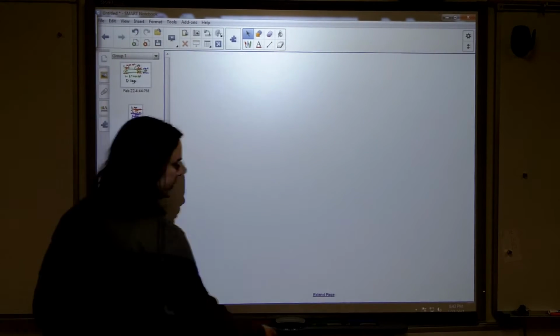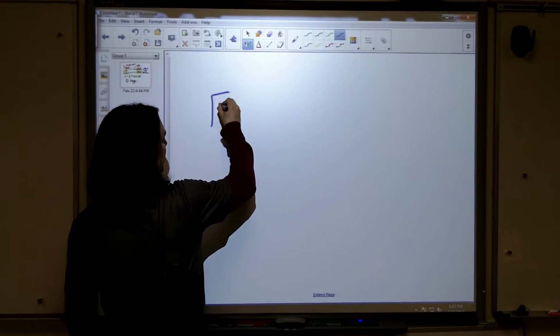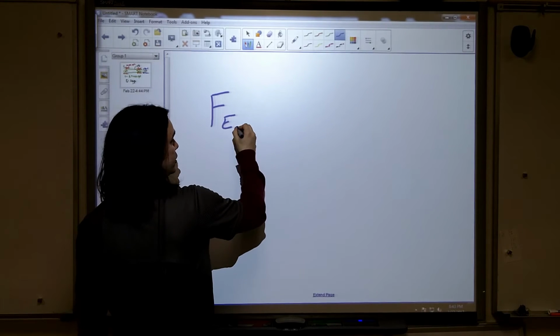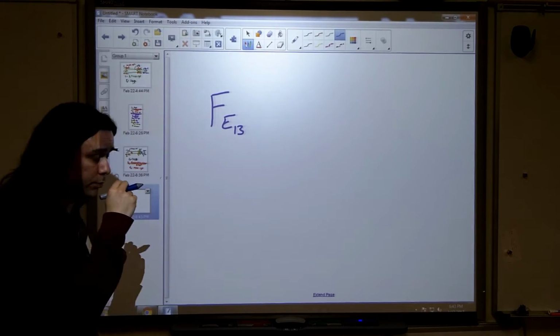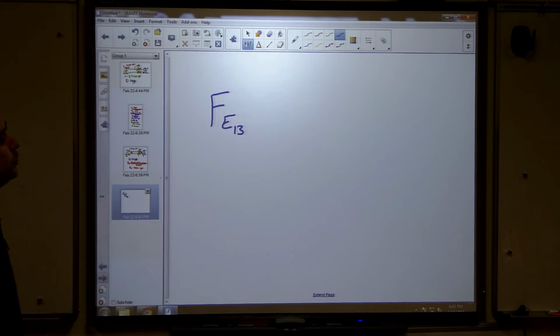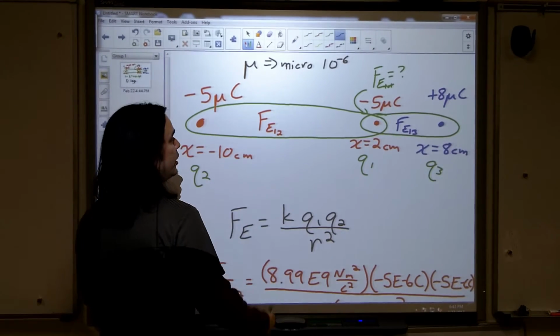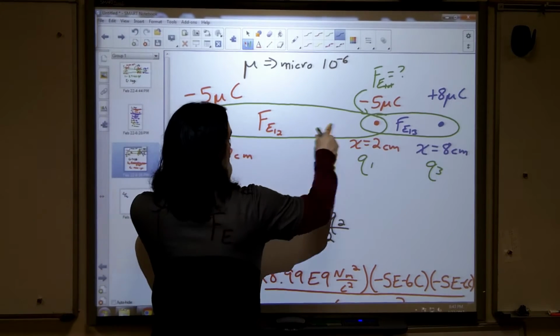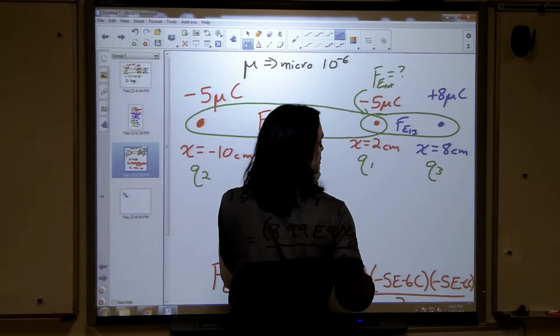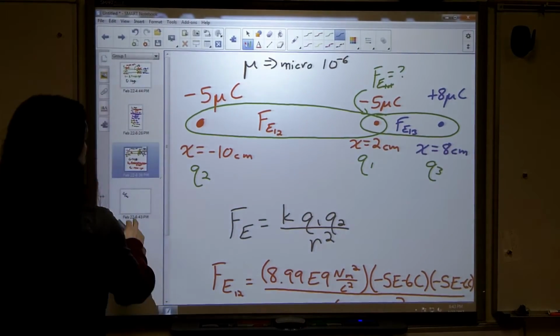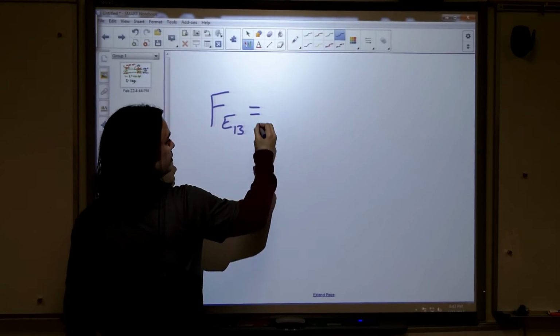Okay, let's take a look at the next one. And by next one, I mean the next part of this problem. This is all still one problem. We need the force between charges 1 and 3, so that I can take the force on charge 1 from 2 and the force on charge 1 from 3, and I'm going to add them together in keeping with superposition.